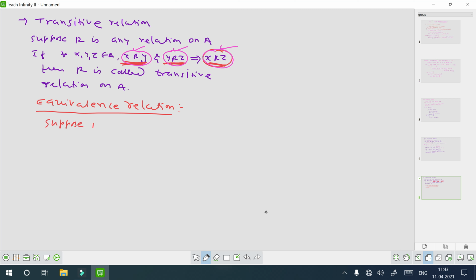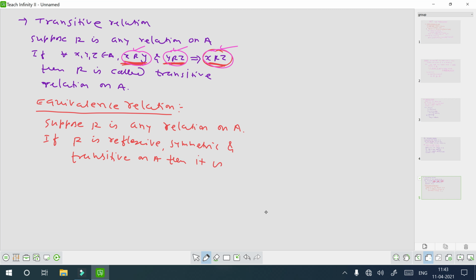Suppose R is any relation on set A. If R is reflexive, symmetric and transitive on A, then it is said to be an equivalence relation on set A.